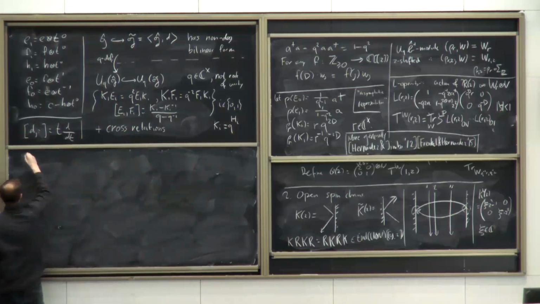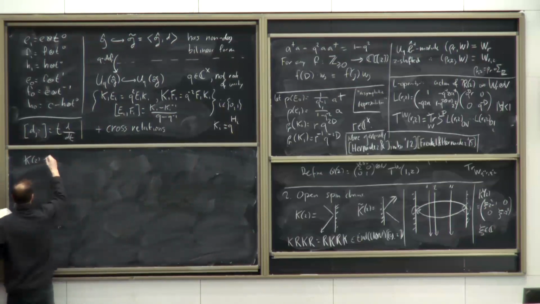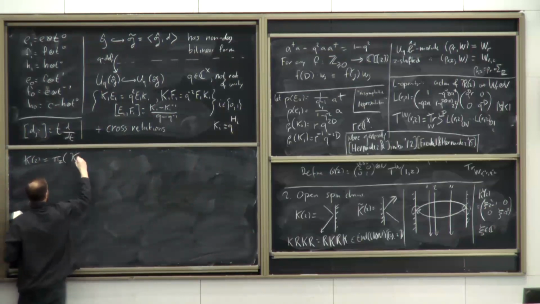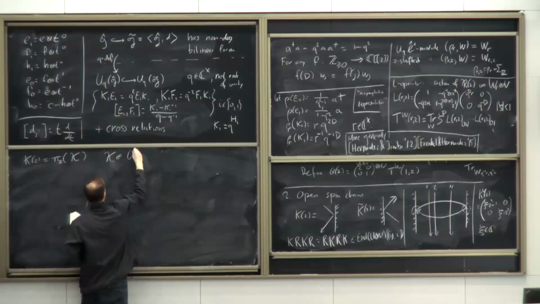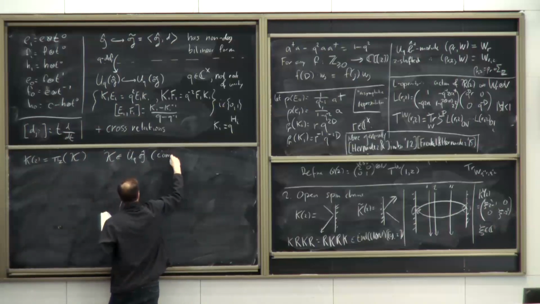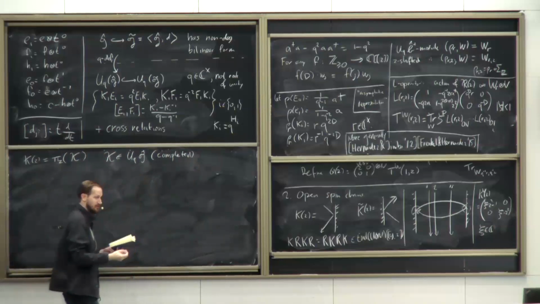So K of Z, that simple two-dimensional matrix, but many of its bigger brothers as well, is basically the image of some universal object, satisfying universal relations.